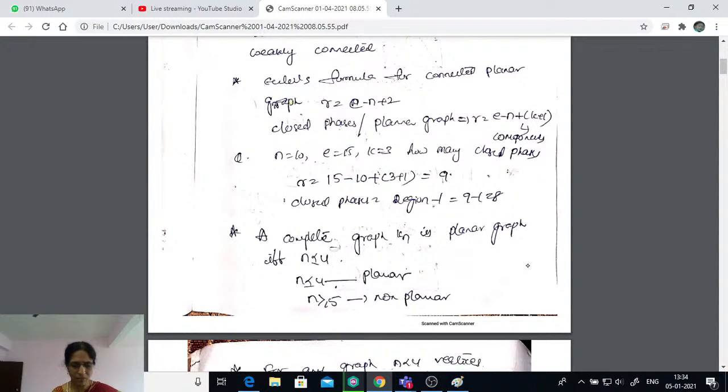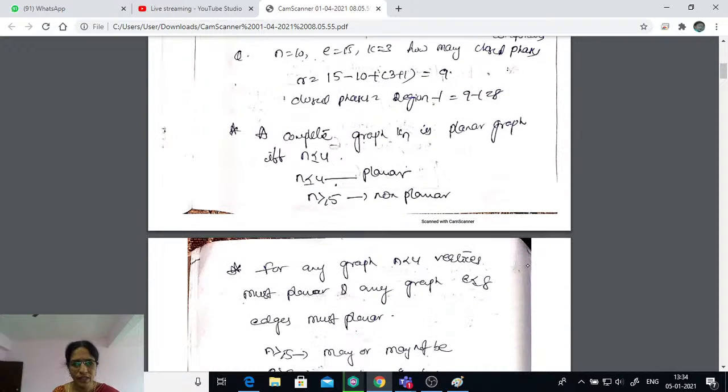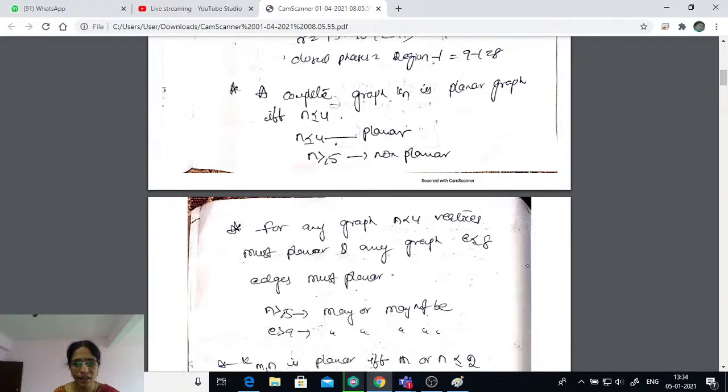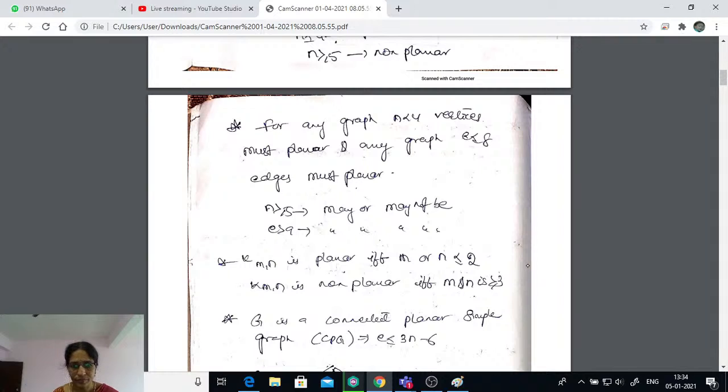Next, some other points: any graph with less than or equal to 4 vertices must be planar, and any graph with less than or equal to 8 edges must be planar.